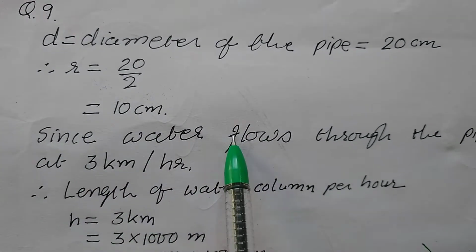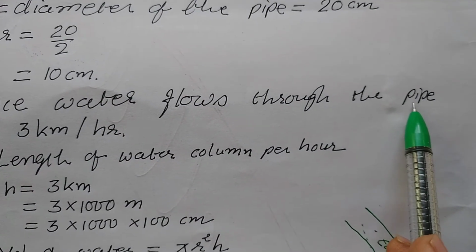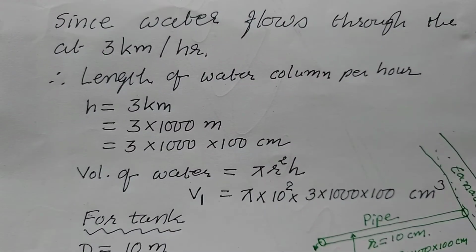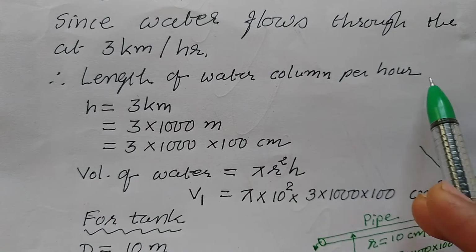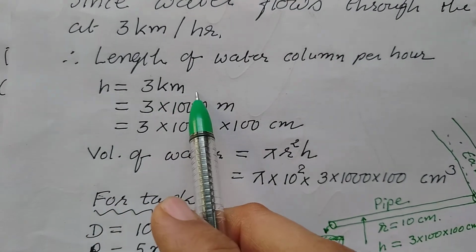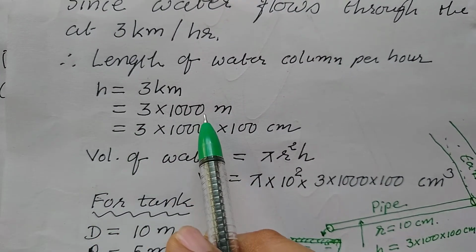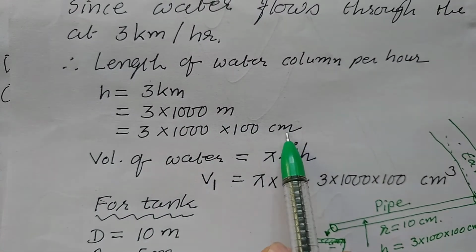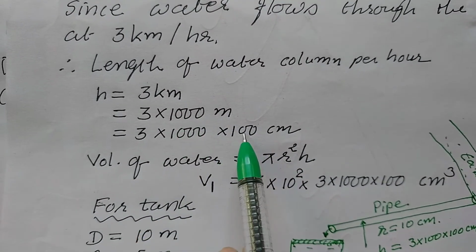Since water flows through the pipe at 3 km per hour, the length of the water column per hour is h equals 3 km, that is 3 into 1000 meter, converted from kilometer to meter, and from meter to centimeter multiply by 100.